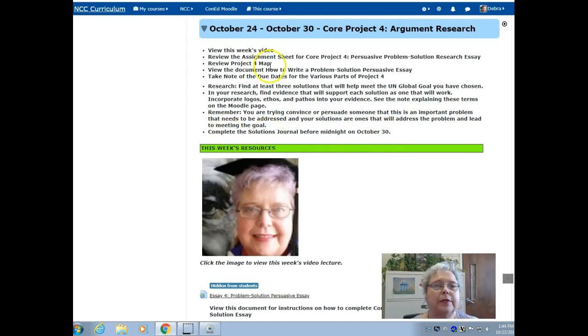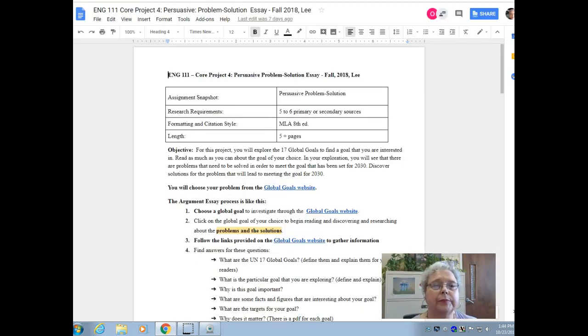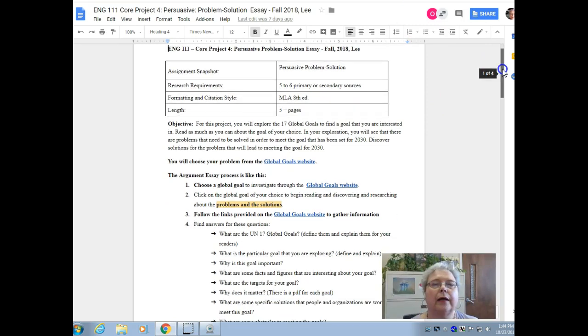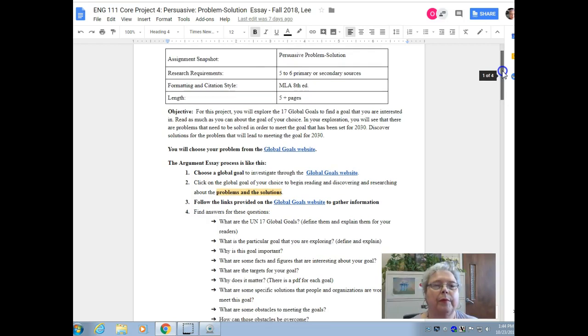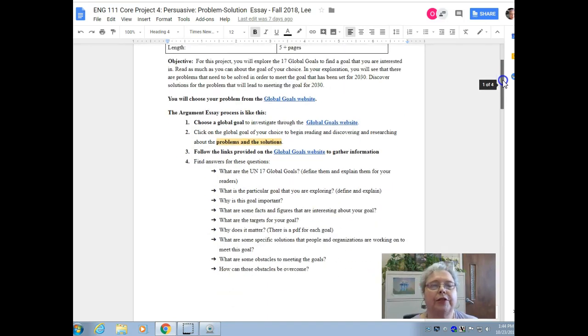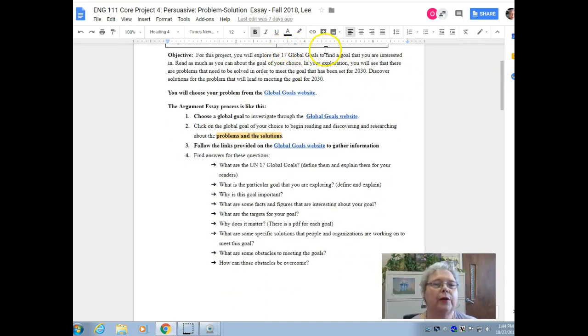Okay, so let's do some of that stuff. Let's look at the document for Essay 4. We've already done some of this. So remember that you're going to get your information from the 17 Global Goals on this Global Goals website. And I had already asked you to commit to one of those goals.